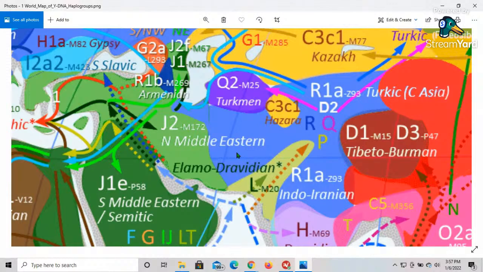Just like David had a house of David, which turns out to be the J2 M172, would be the house of David, all Y chromosomes from David, from David's lineage, and Solomon as well. Not only David, but Solomon as well. Same Y chromosome.